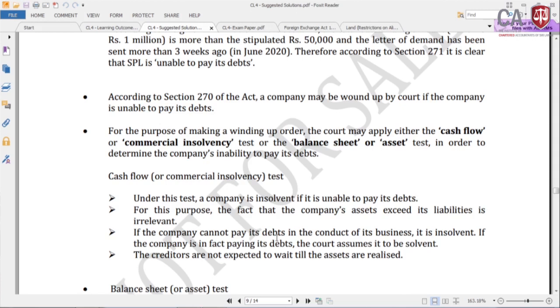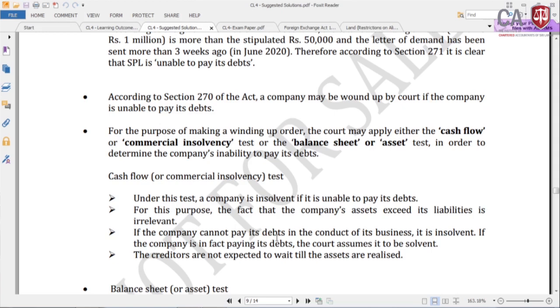Both cash flow and commercial insolvency are part of the solvency test, and the balance sheet or assets test is based on the company's real existence as per the accounts. So, these are the types of tests that can be carried out.